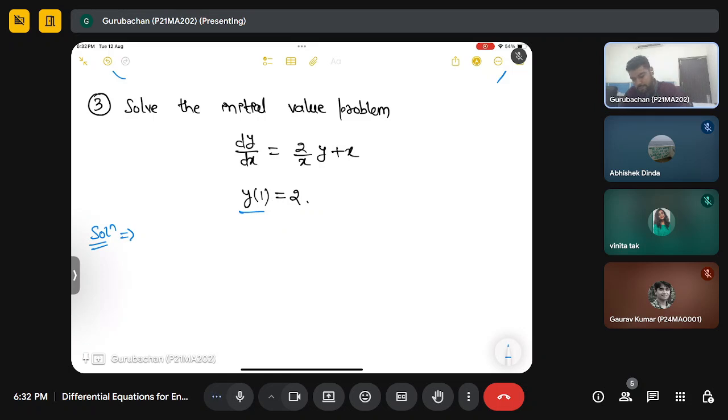Let me mention again that this is the generalized standard form.